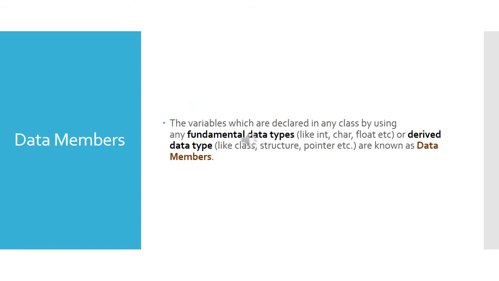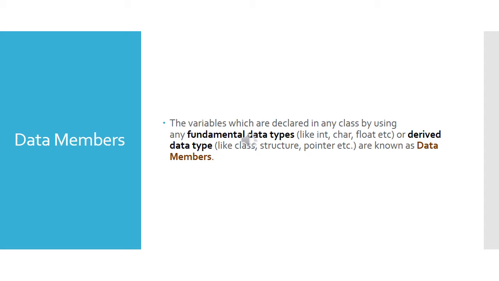Now, data members are specified using data types, which represent what kind of data you are going to store in the given identifier. There are two kinds of data types: fundamental data types and derived data types. Fundamental data types are like integer, character, float, and derived data types are derived from fundamental data types.